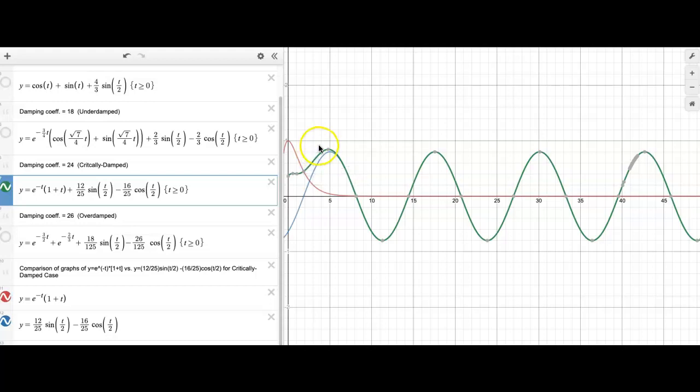Okay, and then of course you see as time goes on, it kind of follows the same profile as this function here. So of course if I turn this off, you'll see that just like that, and if I turn that off, you'll see that it's essentially following that profile after about 7 or 8 seconds.